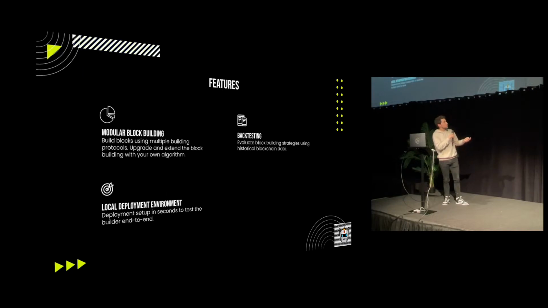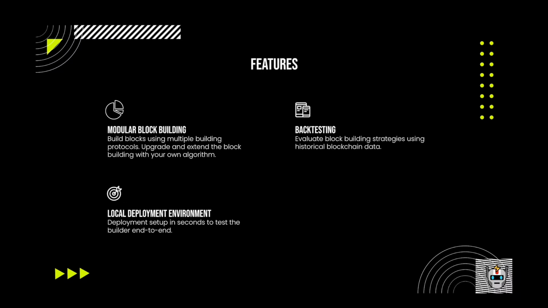Which are the features that I want to highlight? First, as I hinted before, is modular block building. That means that there is a trait that you can implement to add your own custom merging algorithms. You might have new strategies for DAG sorting or some simulation or some heuristics that you can easily plug into the RBuilder, test them out, and send blocks into the L1 chain to see how it looks.